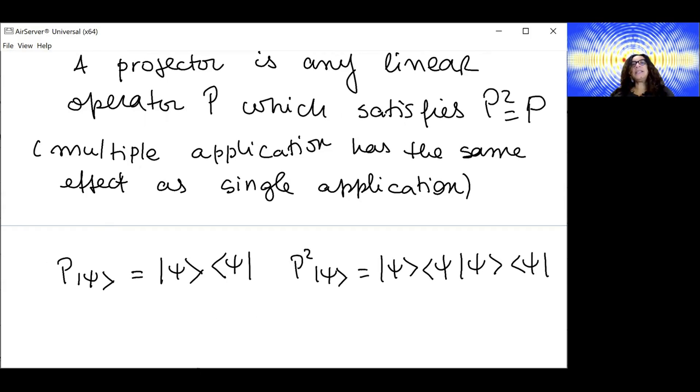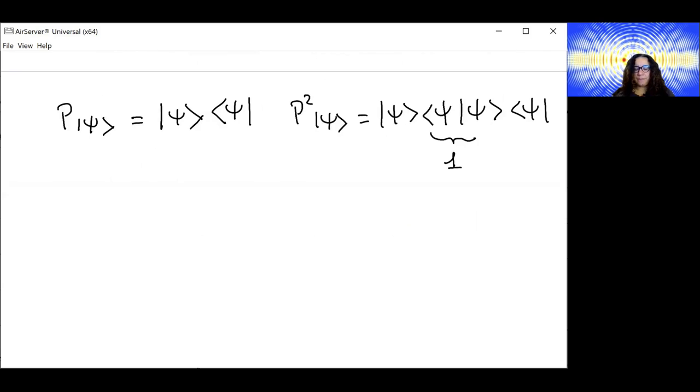We have said that this is normalized, so the norm of this is going to be 1. And as a consequence, we have then that P squared psi is going to be equal to P psi.